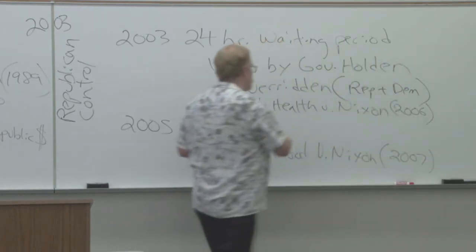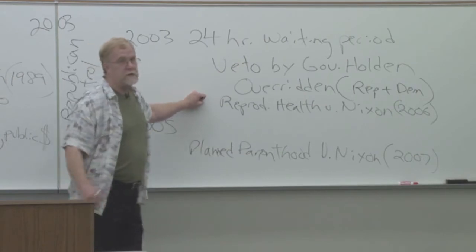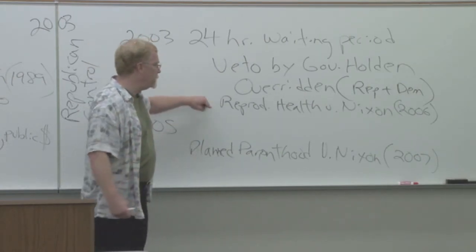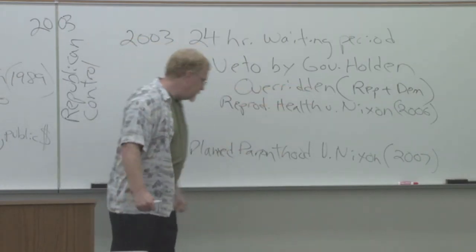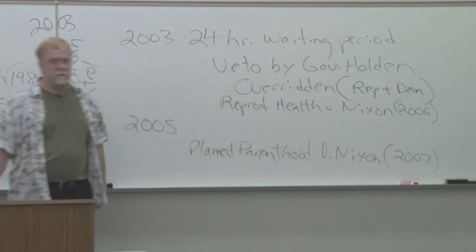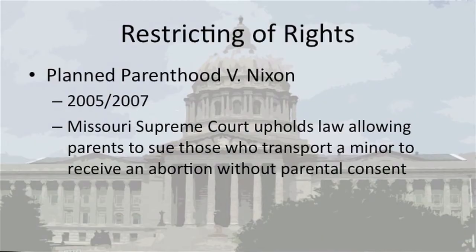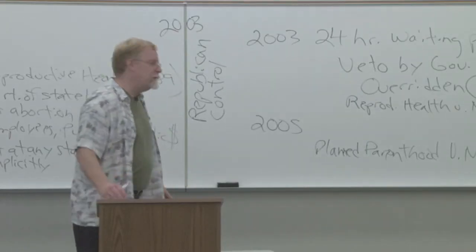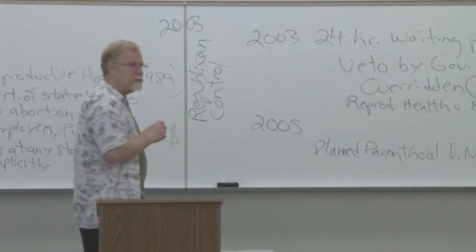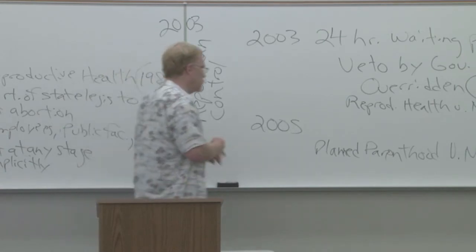So what's the difference between, this is Reproductive Health, which is an offshoot of Planned Parenthood, Reproductive Health versus Nixon 2006. This is Planned Parenthood versus Nixon 2007. But the ultimate end of this is the Missouri State Supreme Court upholds that law that allowed people to sue someone who transported a minor to receive an abortion without consent. All right, again, state of Missouri trying to narrow the availability of abortions.